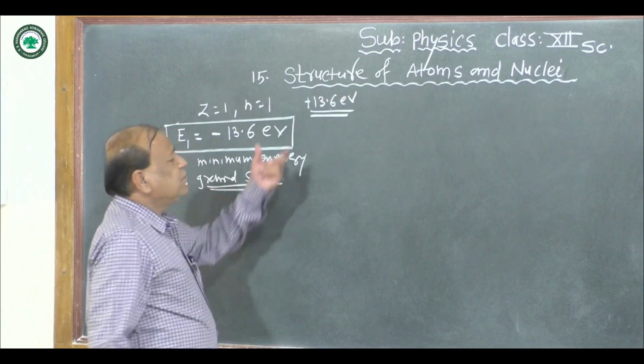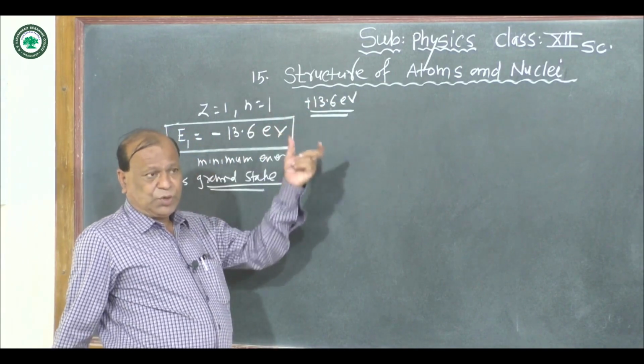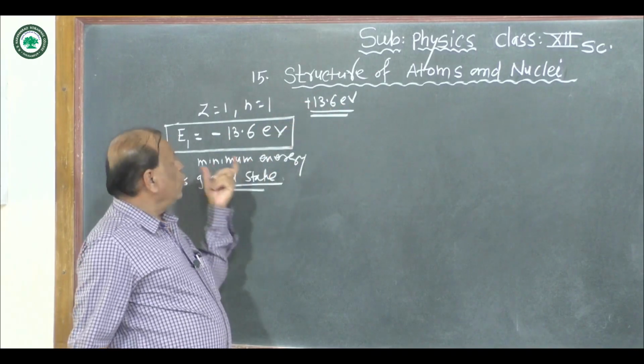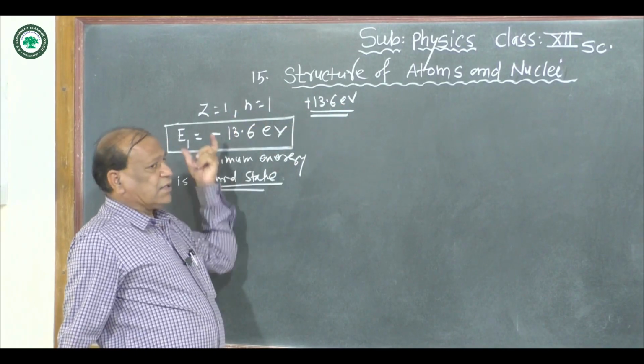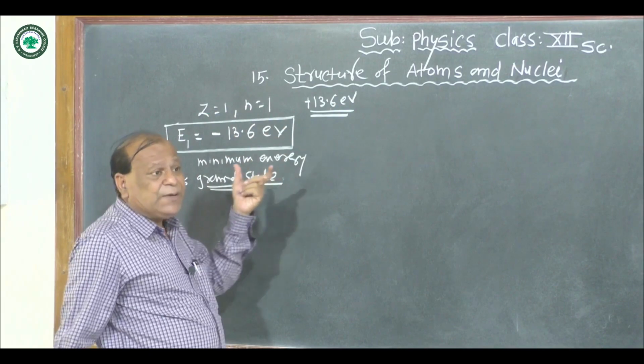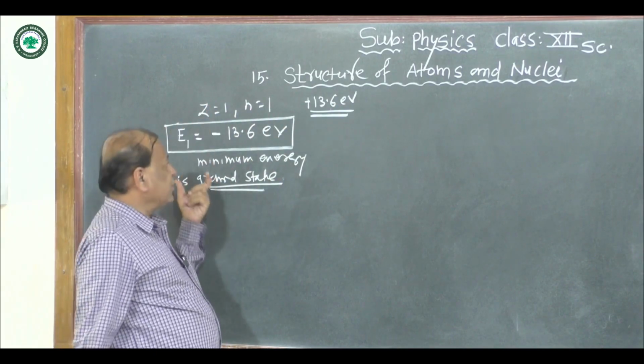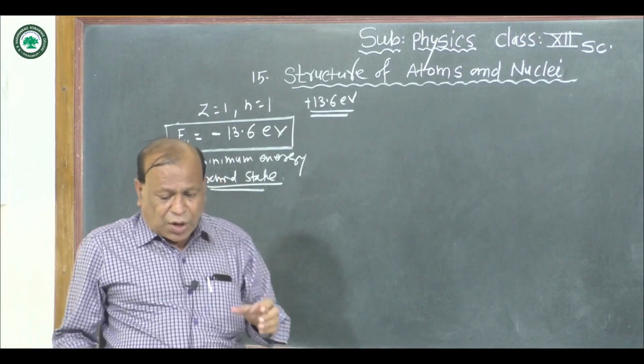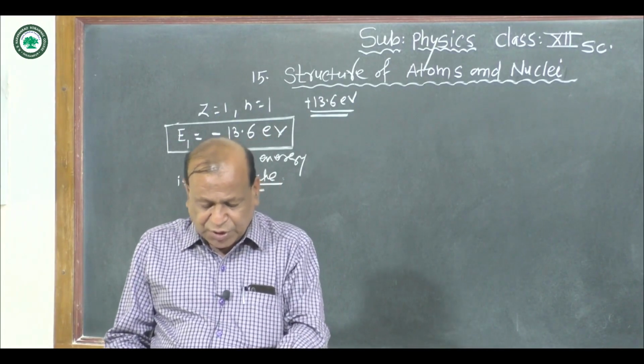When this energy is given to the atom, we get that the electron is free from the first orbit. This is the minimum energy of the ground state here.